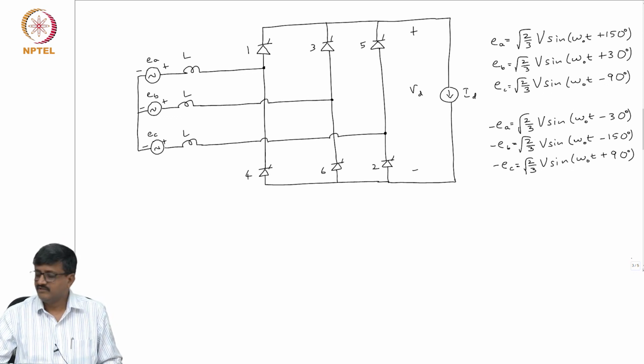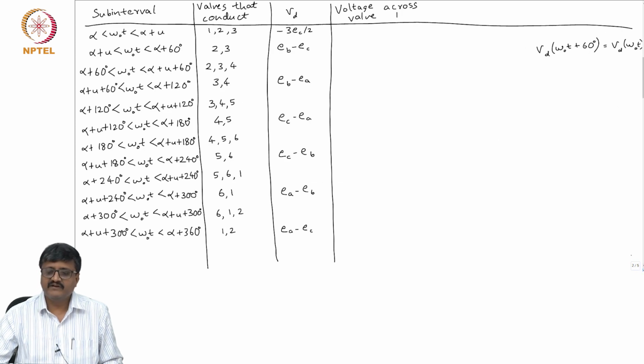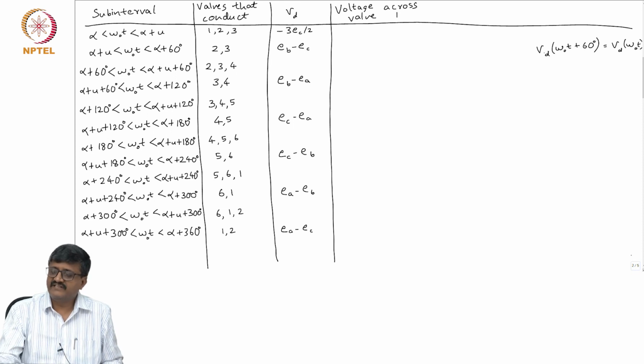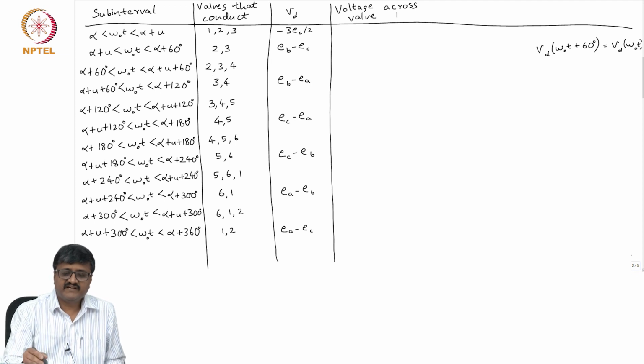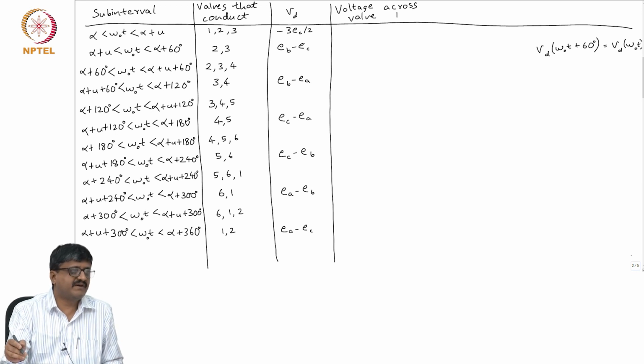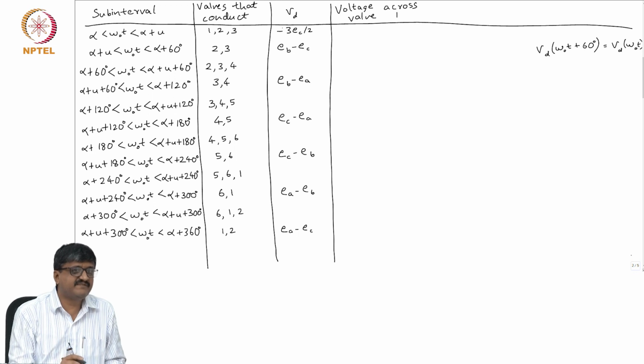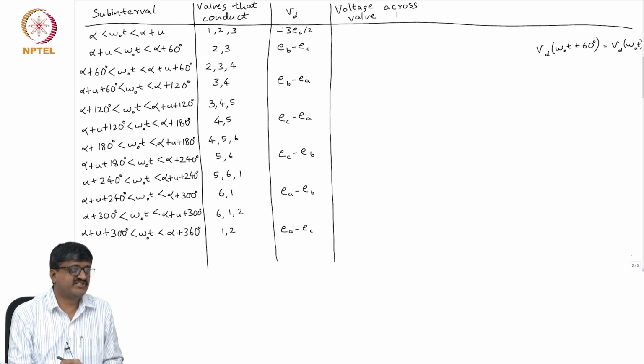Okay. So, using this information and also the fact that the DC side voltage is periodic with 60 degrees, I can get an expression for VD. I have to take some voltage among EA, EB, EC, minus EA, minus EB, minus EC which is lagging minus EC by 60 degrees.